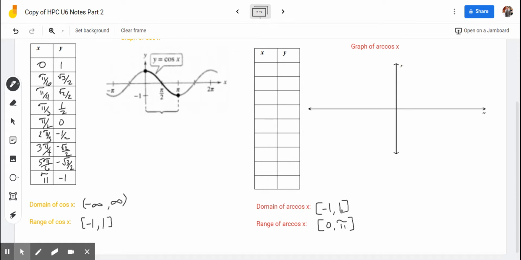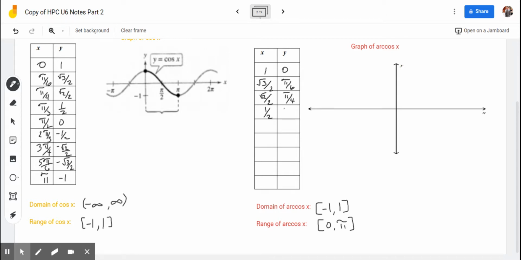Okay, so we'll have 1, 0; radical 3 over 2, pi over 6; radical 2 over 2, pi over 4. I'm just going to continue filling in these values.